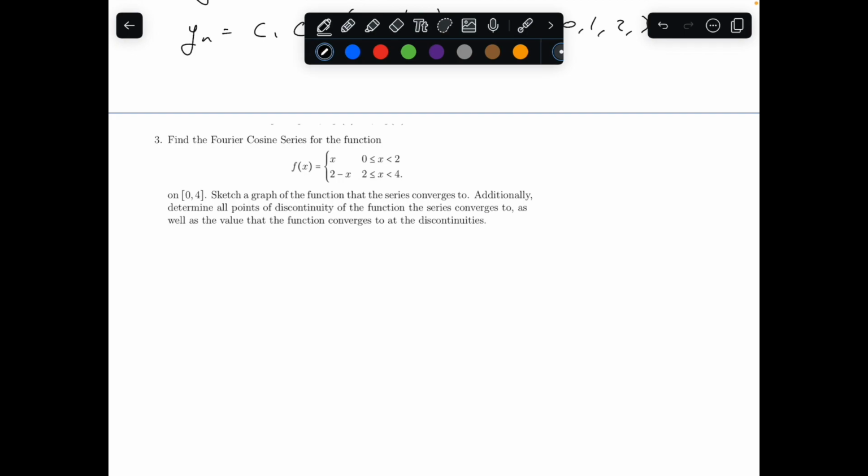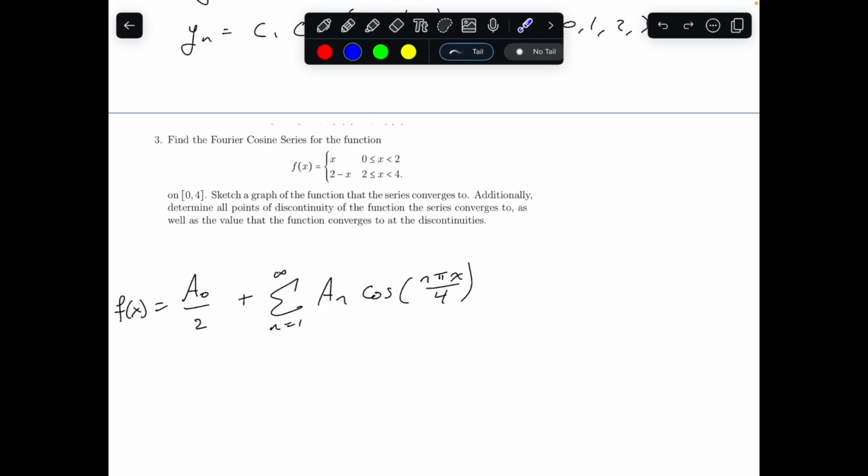So remember that a cosine series is when you write your function as a0 over 2 plus the sum from 1 to infinity of an times cosine of n pi x over L. And here our L is the length of this interval, which is 4. So we're basically just writing this guy as a sum of cosine functions.